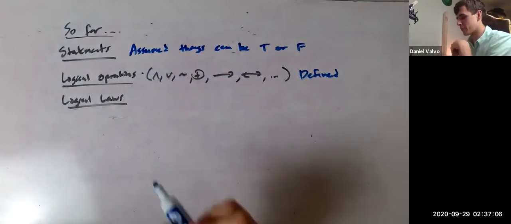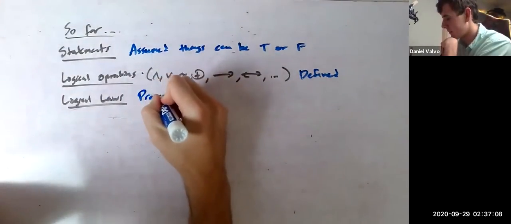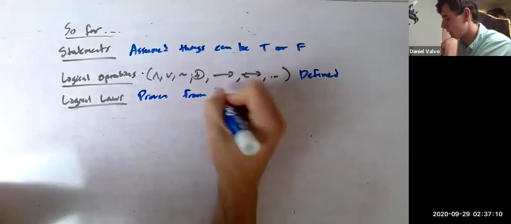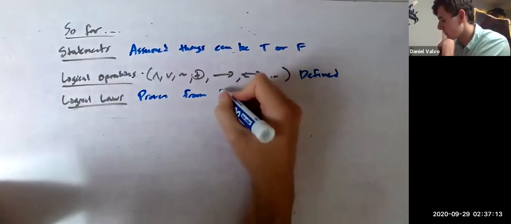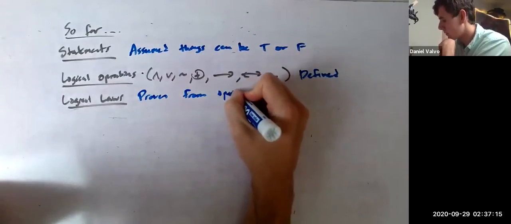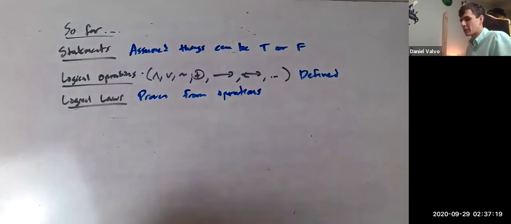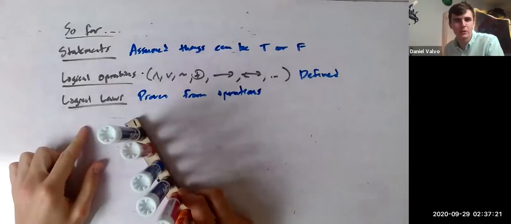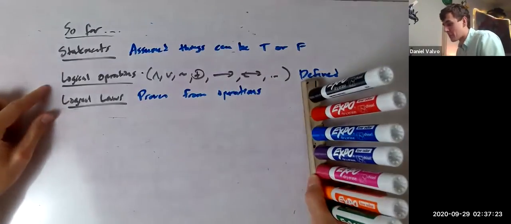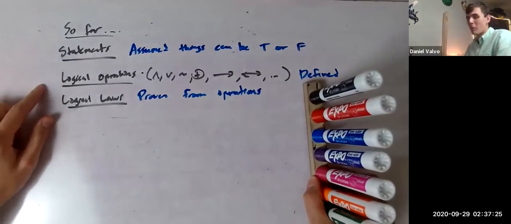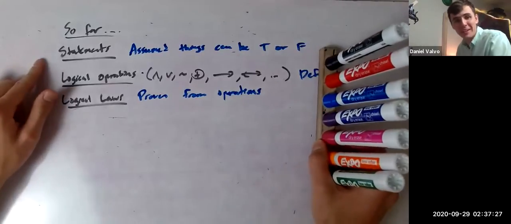And those were just proven from operations. So logical laws are really nothing new. We just prove those work based on the definition of those operations, which are based on truth tables coming from statements.